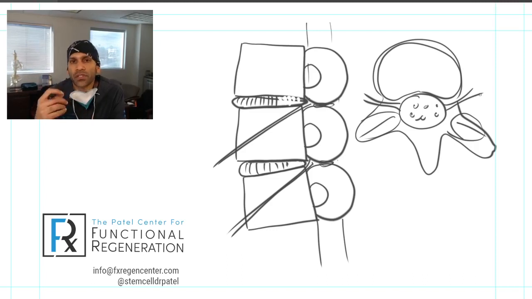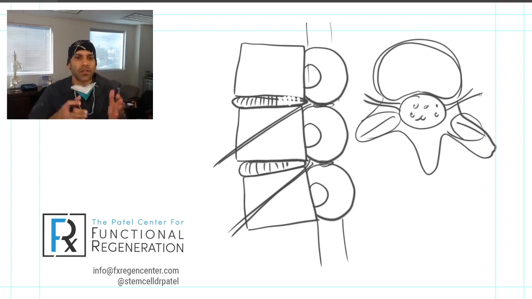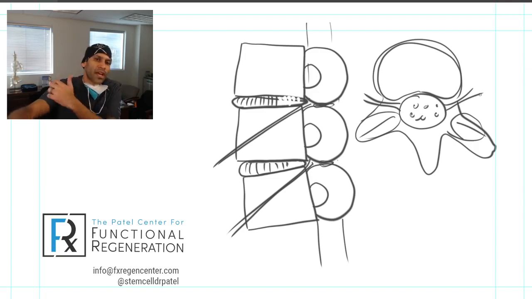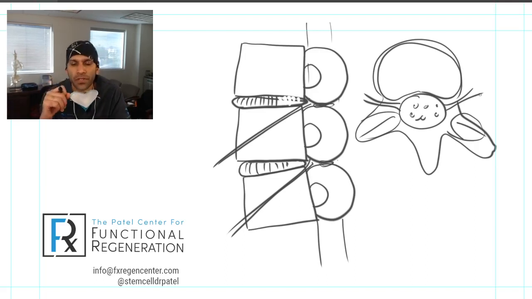They also carry signals to the muscles, which then will move, and that's how we walk, or that's how we grab things, because the signal comes from the brain to the spinal cord, exits out the nerves, and goes down to the muscles.